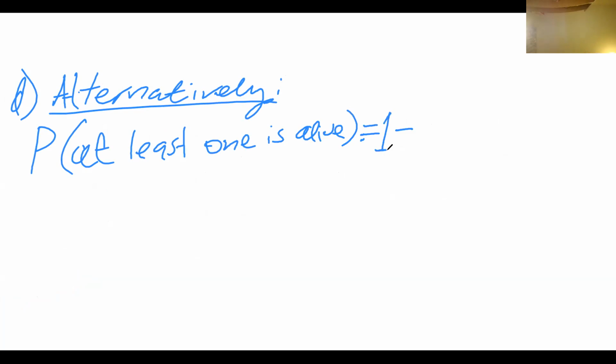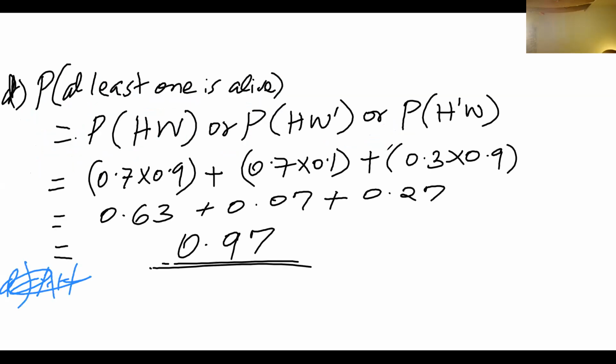That means, you see from here, let me just show you. From here, you've seen that at least one is alive. So all the occurrences are there except one, when both are not alive, when both are dead. So this is the only one missing.